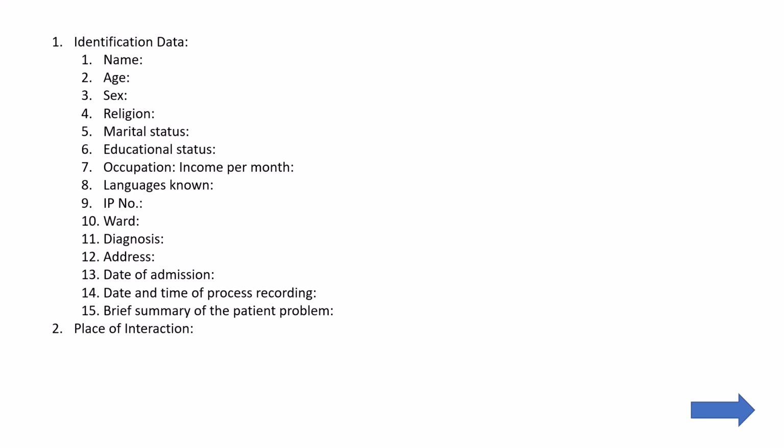If there is anything, you have to mention it here. And about that environment also we have to write where we select the place to conduct the process recording, how it gives comfort to the patient, and why the nurse has chosen that place. These things the nurse has to write here.